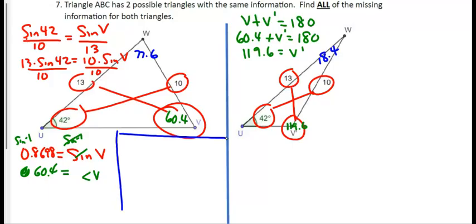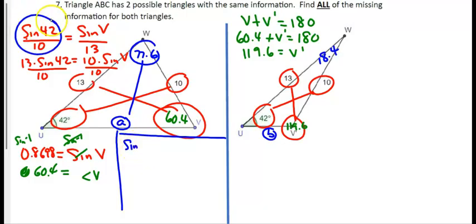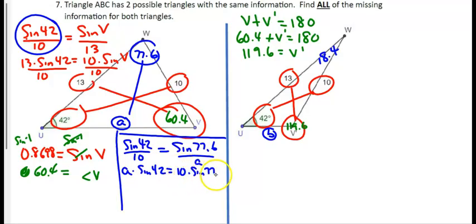So we'll call this side A, and I'll call this one B. We're going to be doing a law of sine problem, so we need the same ratio that we did to begin with. So sine 42 degrees over 10 is equal to the sine of 77.6 over A. Cross multiply, then divide.